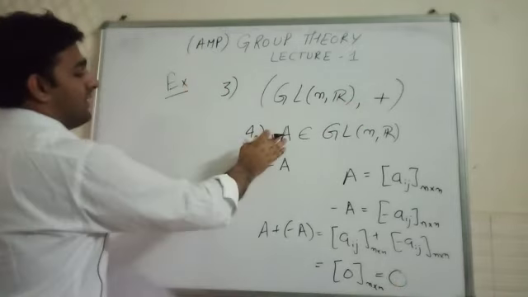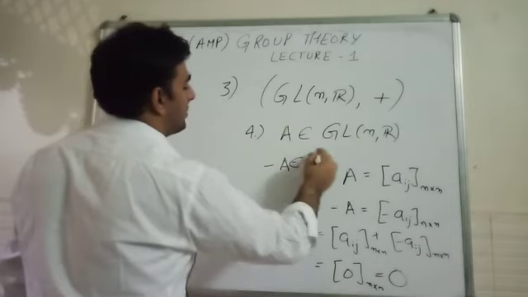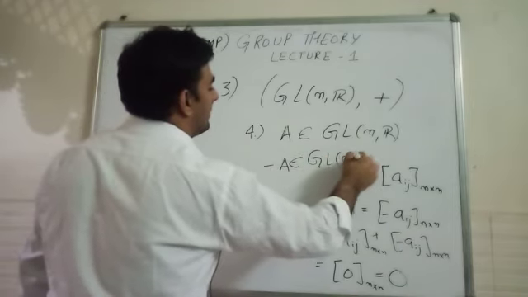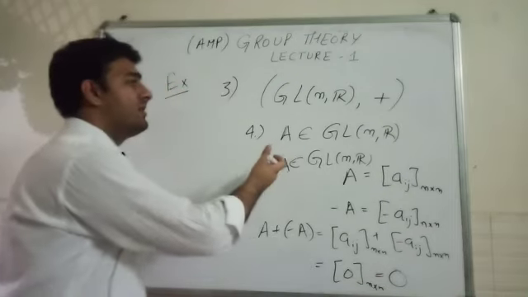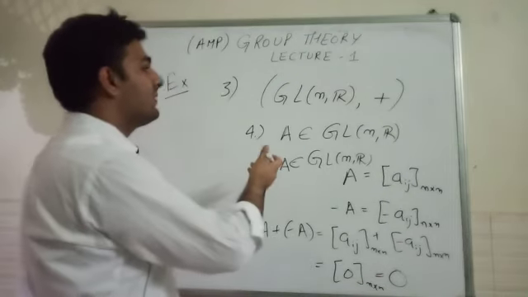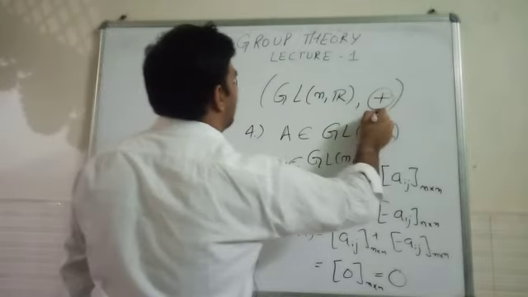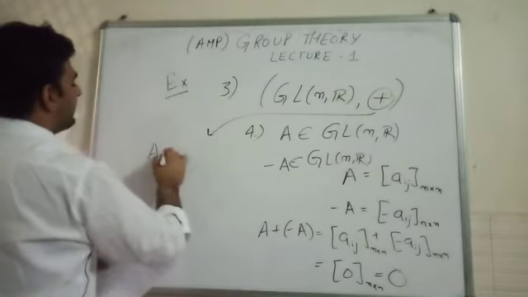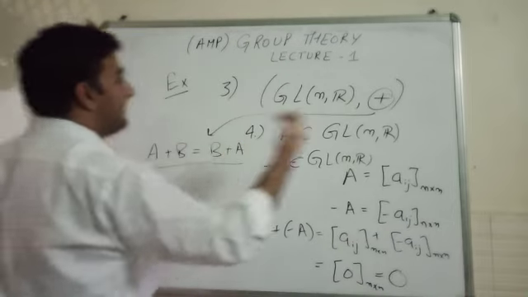So for every matrix A in this group, there's a matrix minus A which also belongs to the group, such that if you add them you get the identity element. So this group is also abelian because the addition is also abelian. A plus B, you can just swap them, you get B plus A. So it's an abelian group.